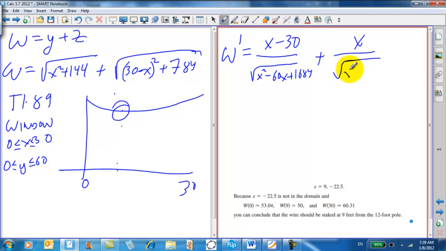That's a big nasty equation. And we want to know when that's 0 and undefined.